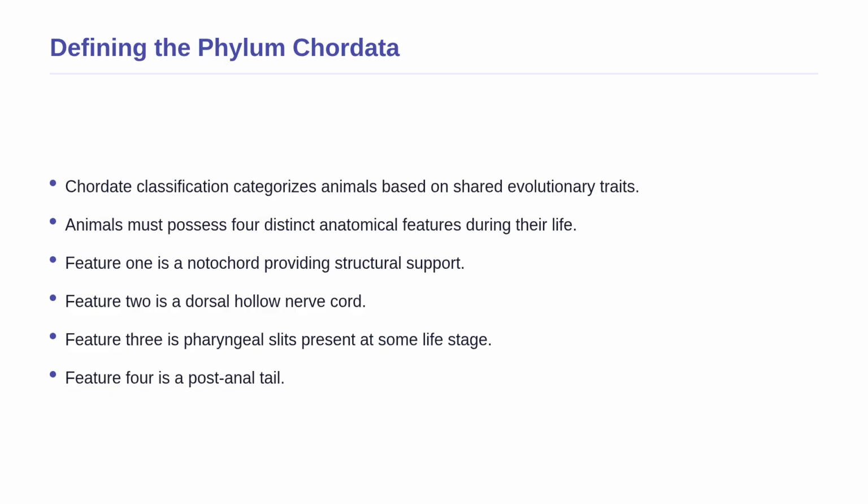These are a notochord, a dorsal hollow nerve cord, pharyngeal slits, and a postanal tail. Even if an animal loses some of these features as an adult, like humans losing our tails, having them during embryonic development is enough to secure their place in this phylum.